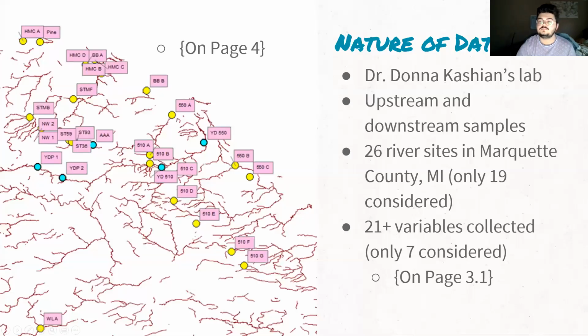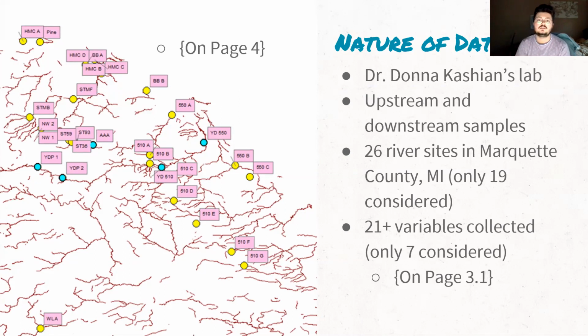So a little bit of background information on the topic. On the left-hand side, we see the graph of where all of these sites are located for my data set, and that's also in the page for the supplemental text. The data came from Dr. Donna Kashian's lab.